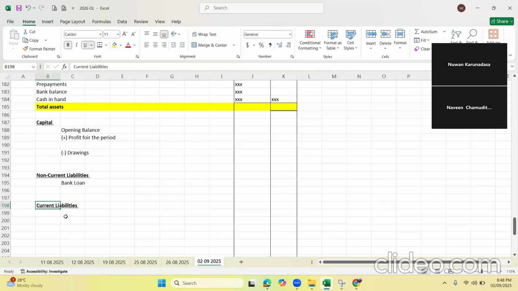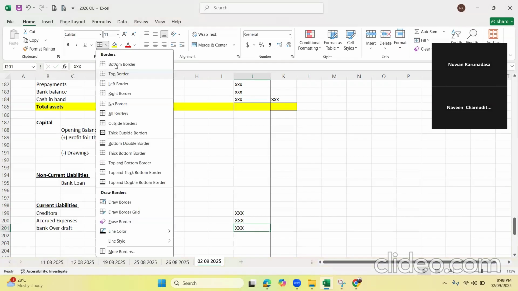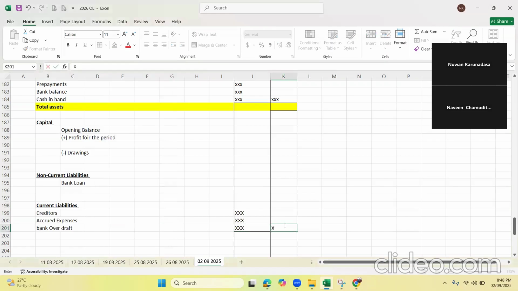So maybe creditors, then accrued expenses, bank overdraft. So those are current liability. So the liability that is required to be settled within a year, we call current liability. Remember.